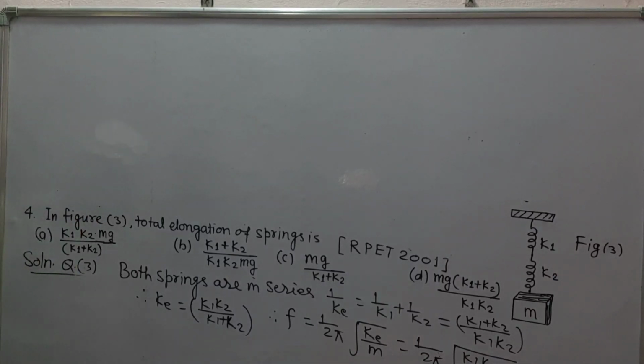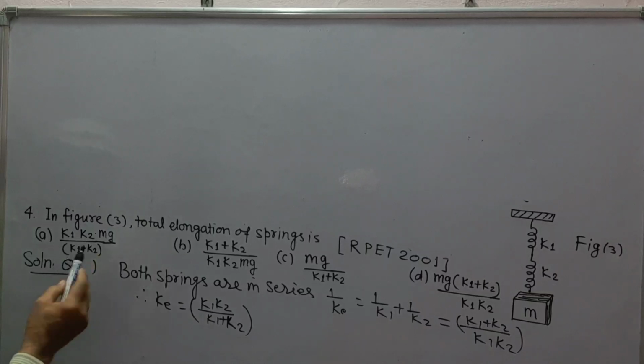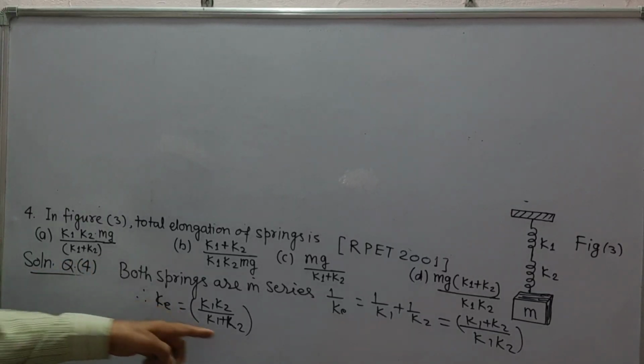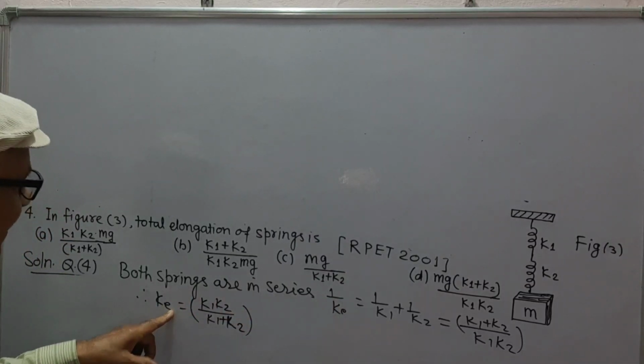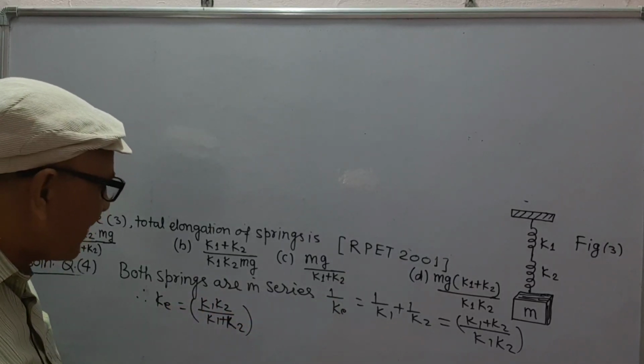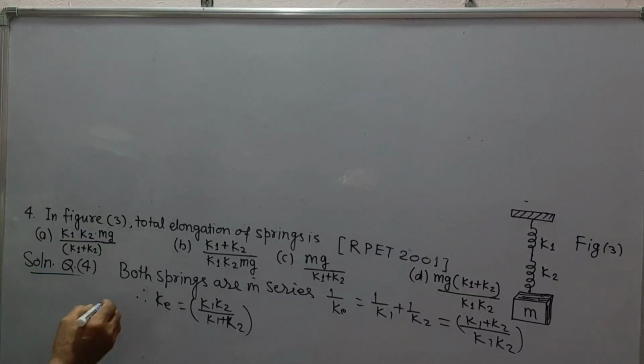Next question number 4. The question is, in figure 3, the total elongation of springs is. Now solution to question 4. As in the above question, in series K effective will be equal to Ke is equal to K1 K2 upon K1 plus K2.